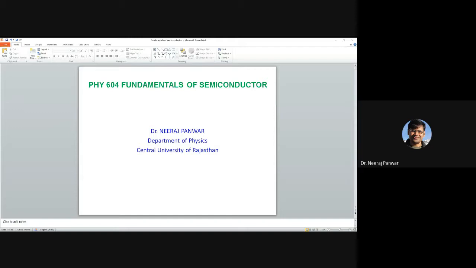Then the second unit consists of a little bit more advanced studies in case of semiconductors, and the last unit covers the growth techniques of semiconductor devices, PN junction diodes, and other types of special purpose diodes like Zener diode, the tunnel diode, Schottky diode, and the bipolar junction transistors or photodiodes, solar cells.